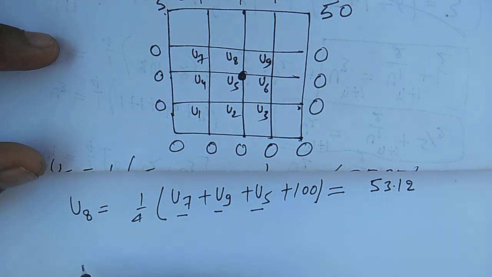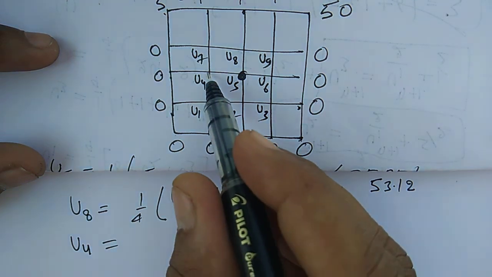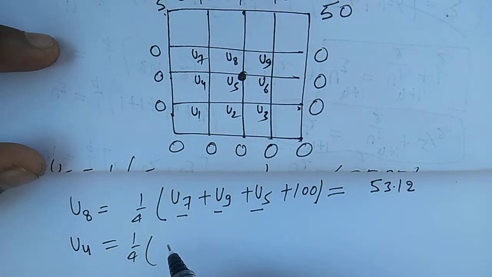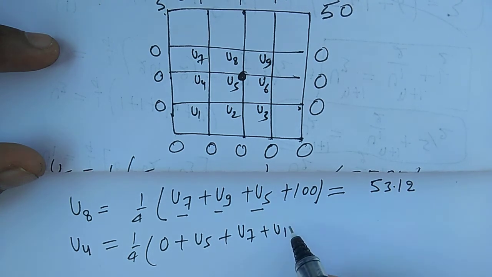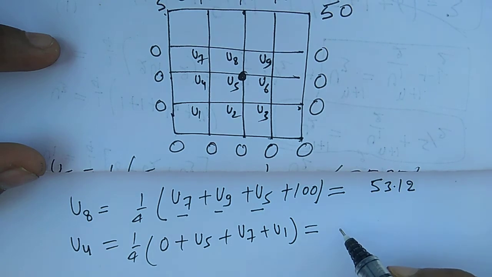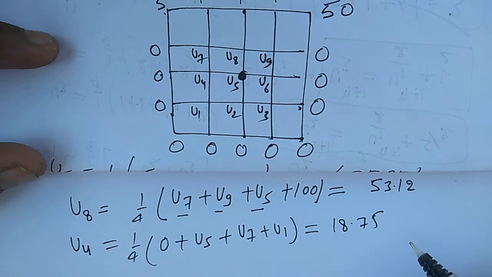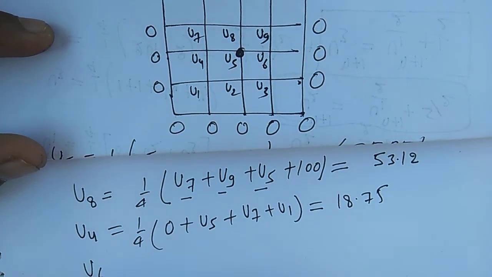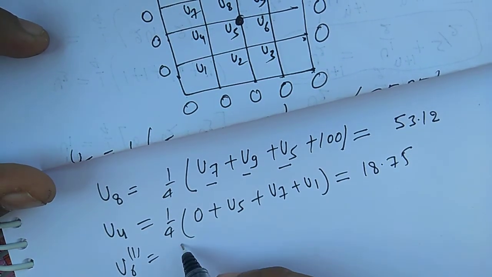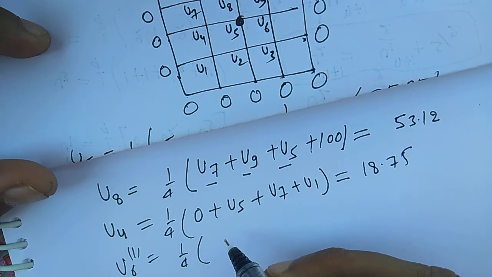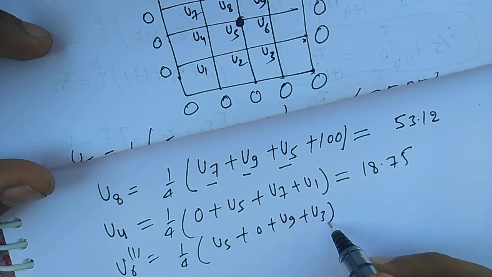And then we can have u4. u4 means we have 1 by 4 of 0 plus u5 plus u7 plus u1. If you solve this, we get 18.75. Now you have u6, so u6 equal to 1 by 4 of u5 plus 0 plus u9 plus u3.